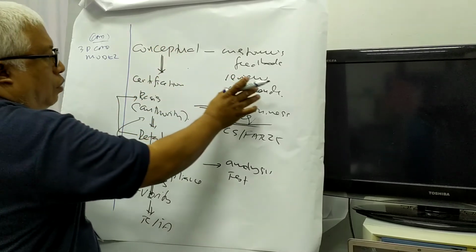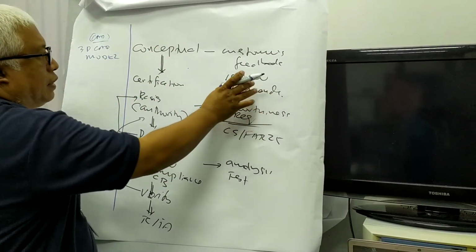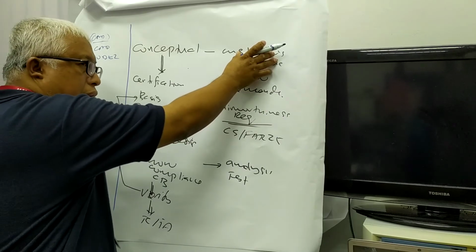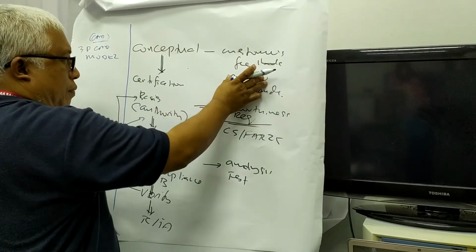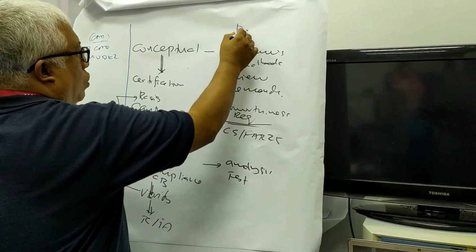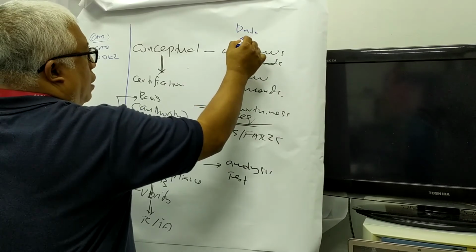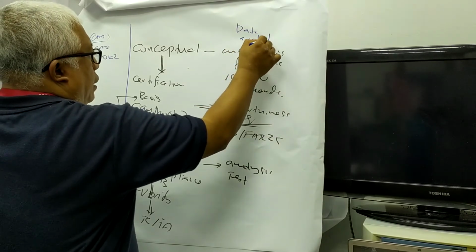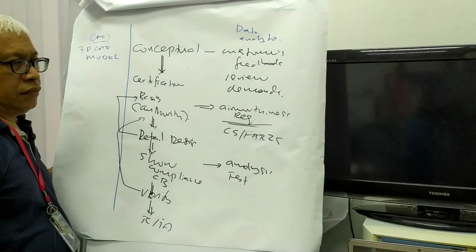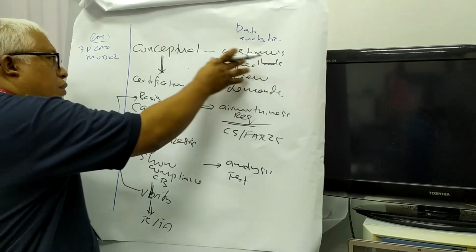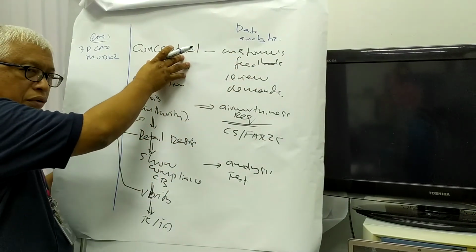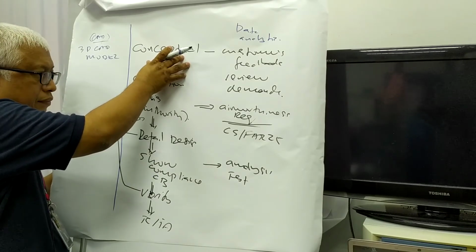Or you may do data analysis. If you get the customer input, the customer feedback, you could also be doing data analytics. From the data analytics, you will have a concept of the product.